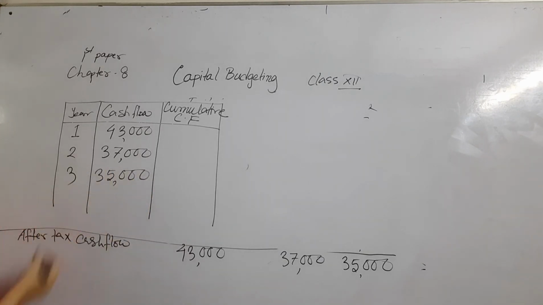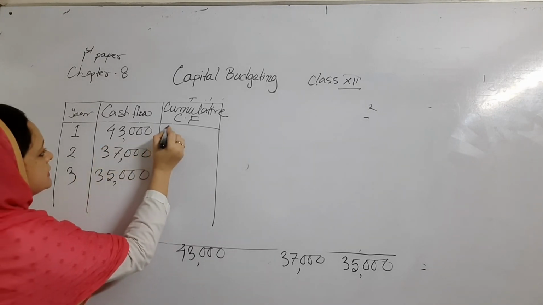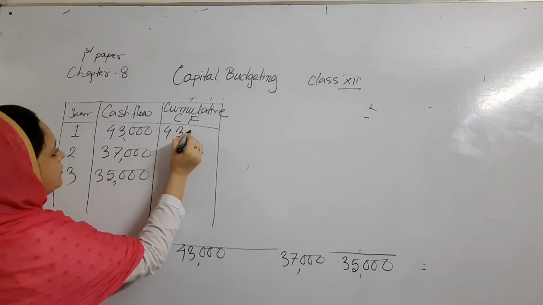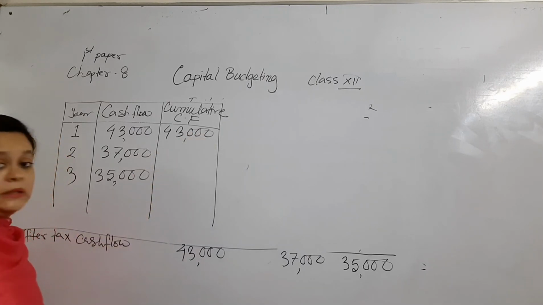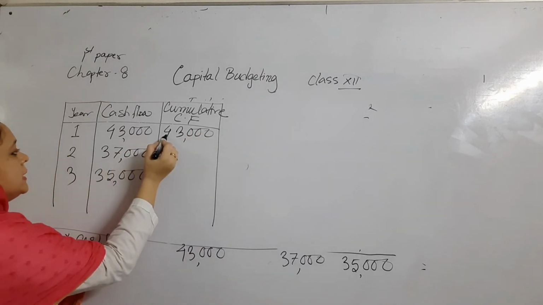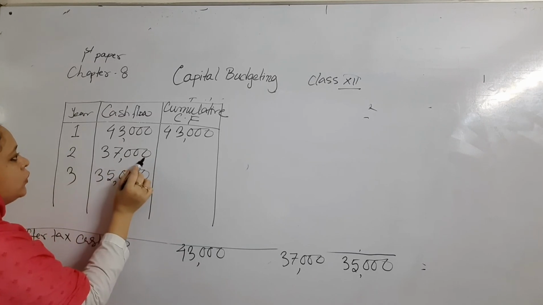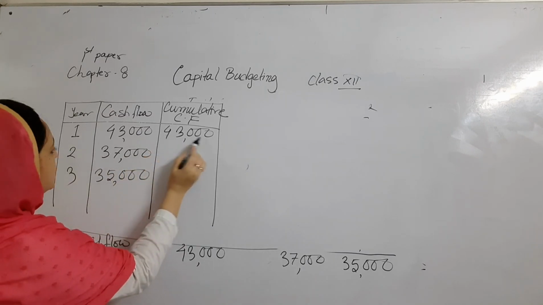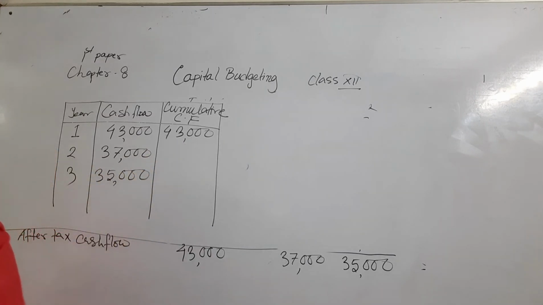How can we make it cumulative cash flow? First one I will write the same, 43,000. Then I add it with the next year cash flow, 43,000 with 37,000, and the result is 80,000.